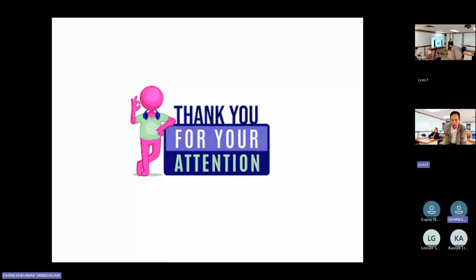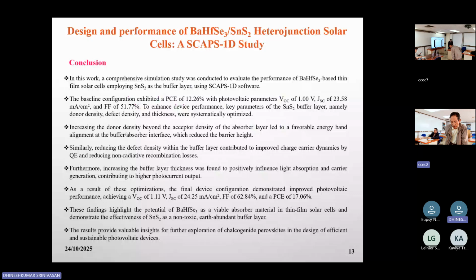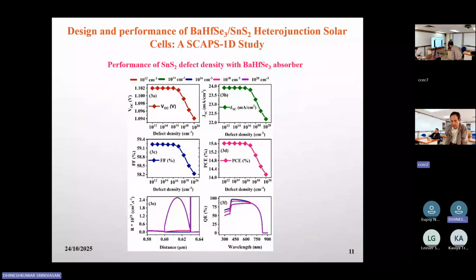In this case, it's a heterojunction, so you have several interfaces: HTL, ETL, electrical contact, and the heterojunction itself. When you mention the defect density, what do you refer to, those in the interfaces? Also, at the interface there is a band offset, so you have a big discontinuity. What is SCAPS considering regarding this?